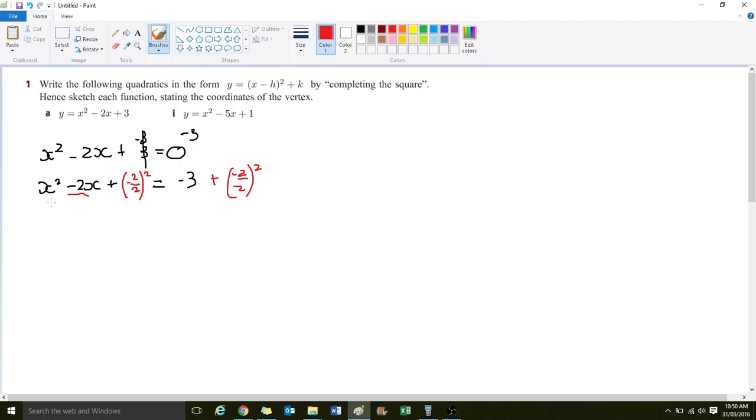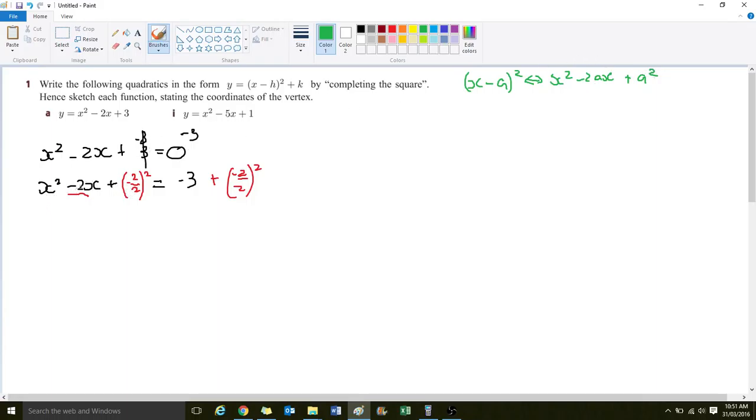Okay, now on the left side what we have is a perfect square. All right, and our perfect square rule says if we have x take a squared, we can write it as x squared take 2ax plus a squared. And what we notice is this is exactly what we have here.